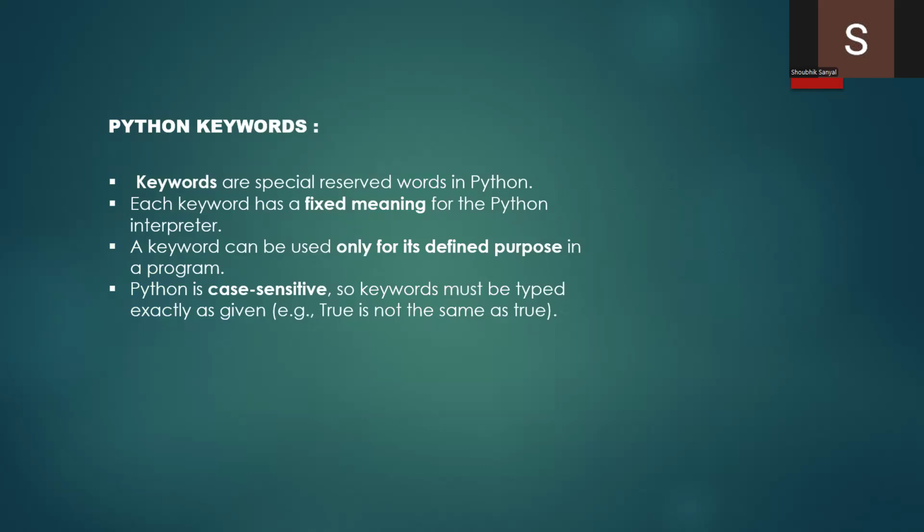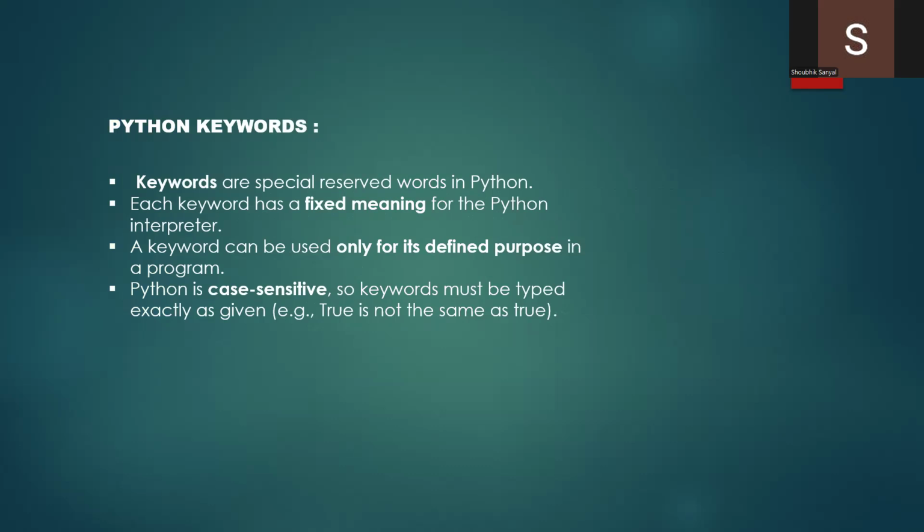Now let's come to keywords. There are a few keywords in Python. So now we need to understand what keywords are. These keywords are special reserved words in Python. And each keyword has a fixed meaning for the Python interpreter.